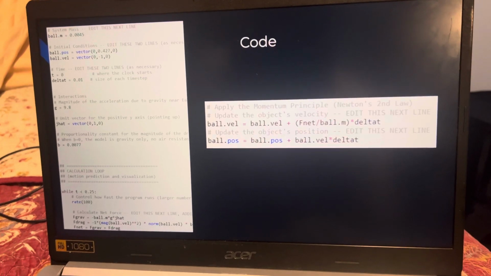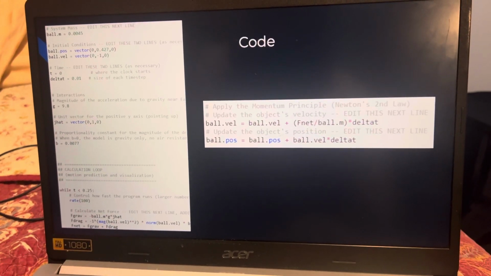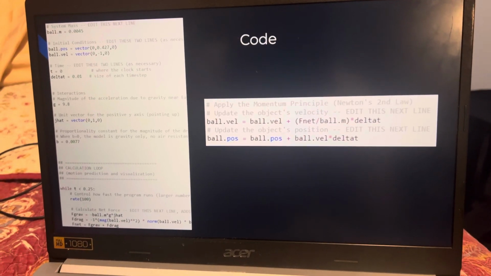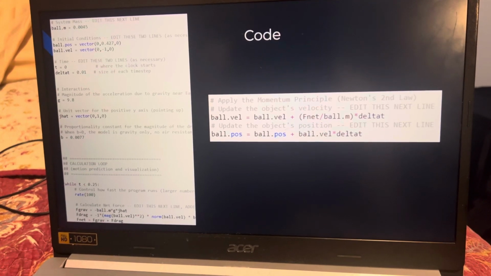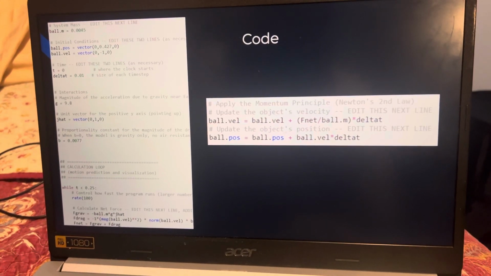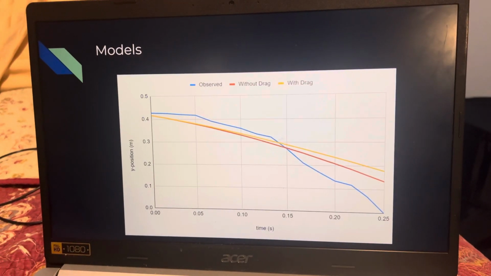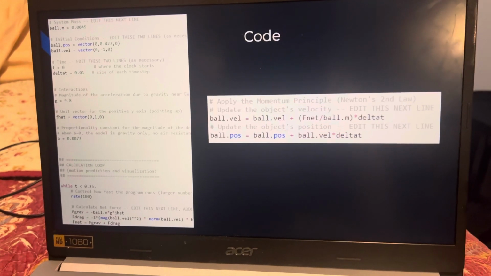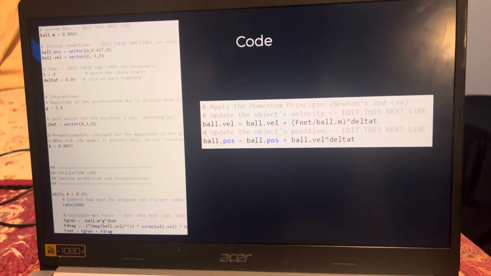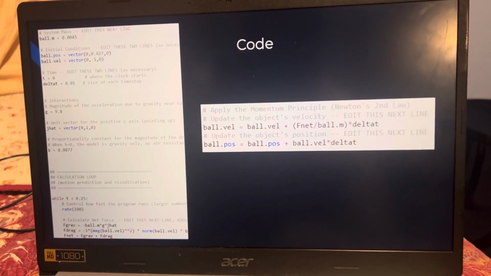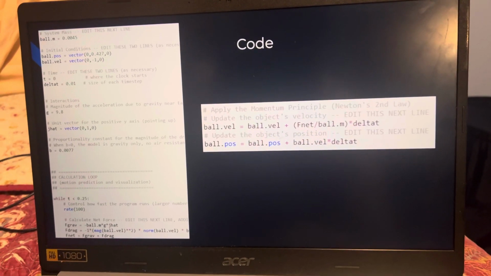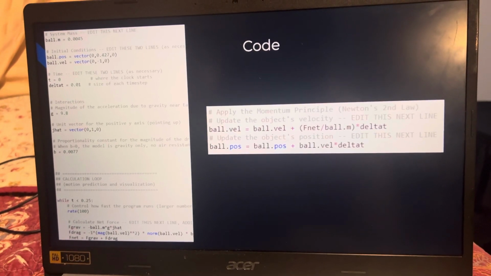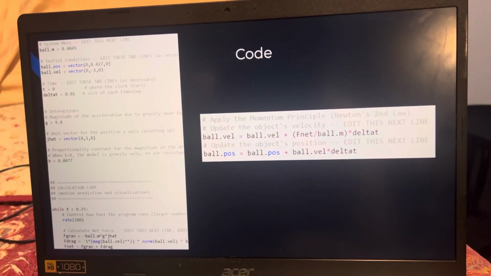The initial conditions, 0.427 meters was about the height, and then the velocity was that, and then the thing I changed was the B. So for the red curve, which was without drag, I kept B as 0 when I did the model, but then for the orange curve, the one with drag, I changed it to 0.0077, because you remember you had to guess and check, and then the 0.25 next to the time, where it says while time is less than 0.25, I got that value from the Tracker video.